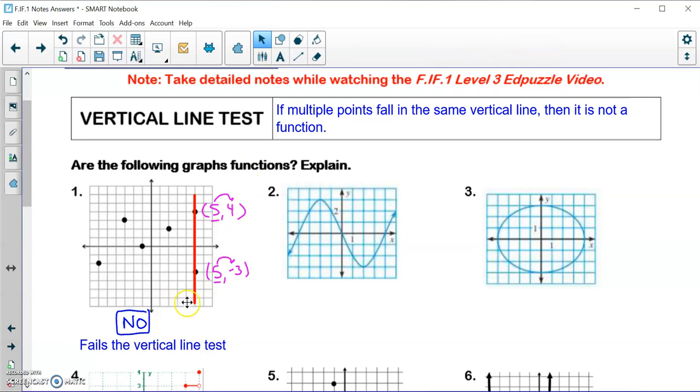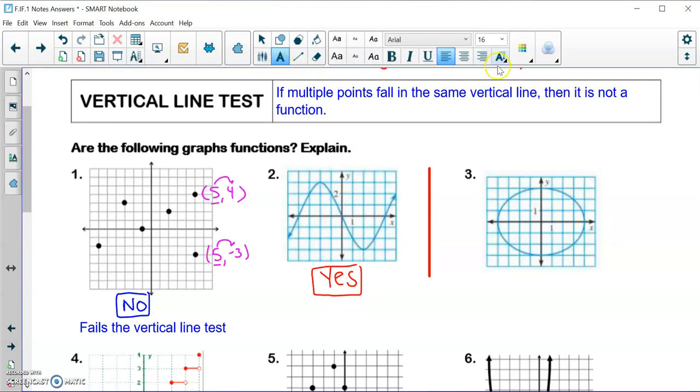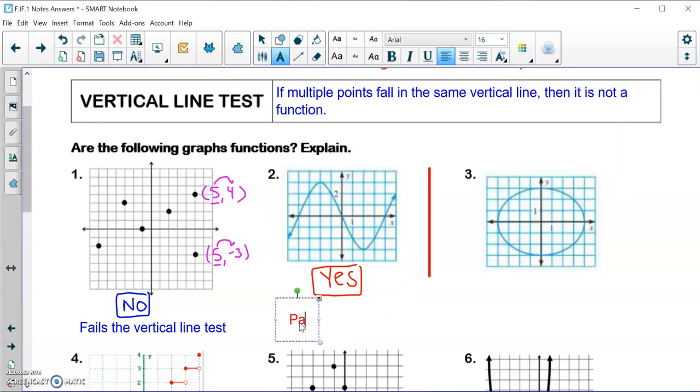All right, so number 2, I'm going to take my same vertical line and I'm going to drag it across this graph. So far it is not hitting more than 1 point, and it looks like it made it without hitting more than 1 point, so this is yes. And then your explanation would just be that it passes the vertical line test.